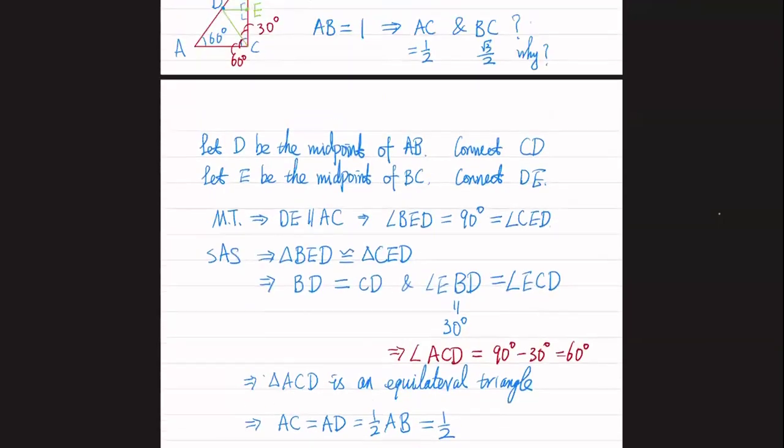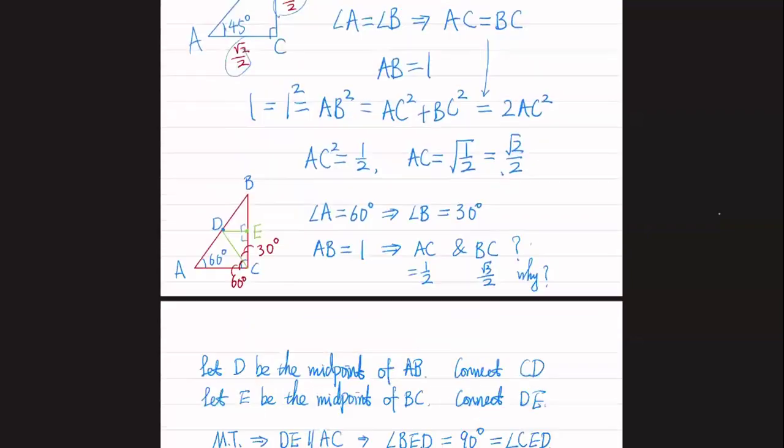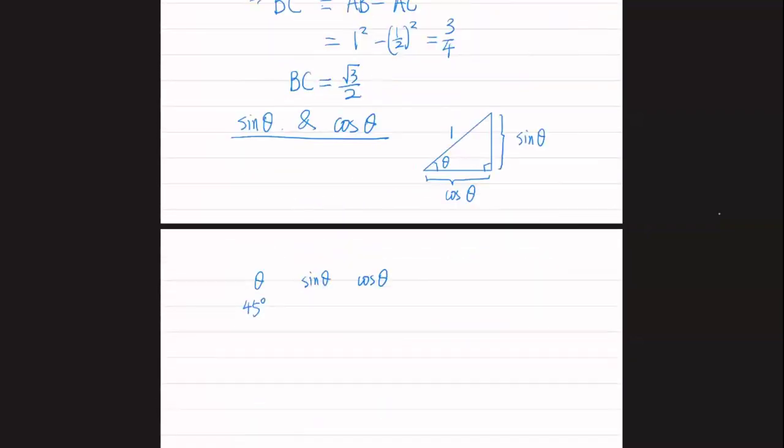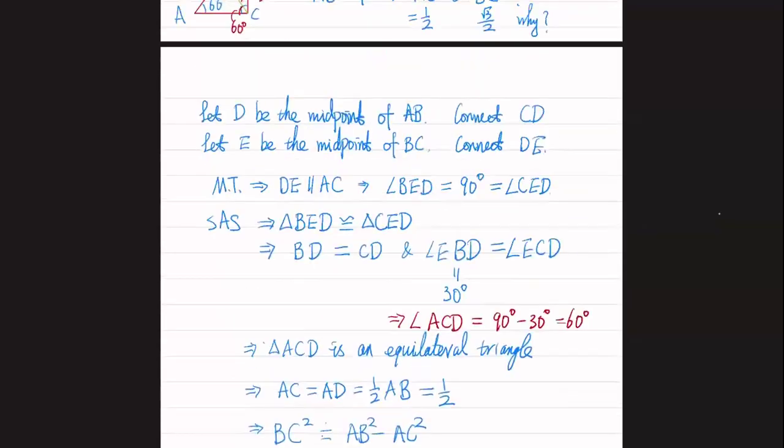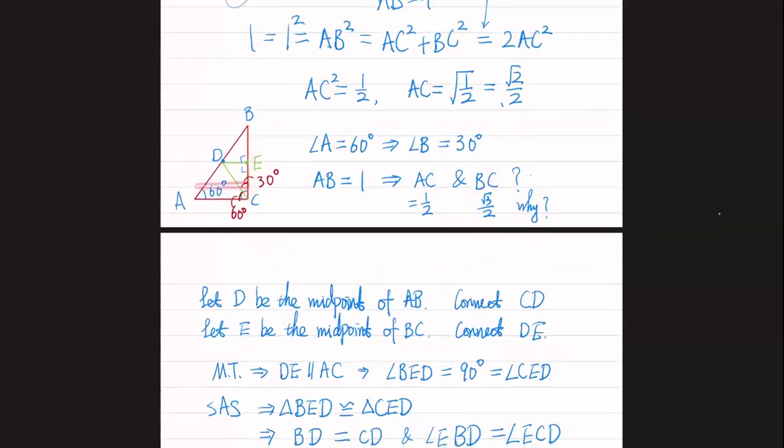Okay, so our previous calculation for 45 degrees gives square root of 2 over 2. For 60 degrees, if we go back there, the side facing the angle is square root of 3 over 2, and the side adjacent to it is 1/2.